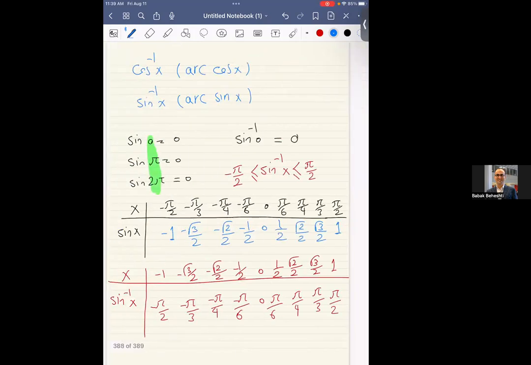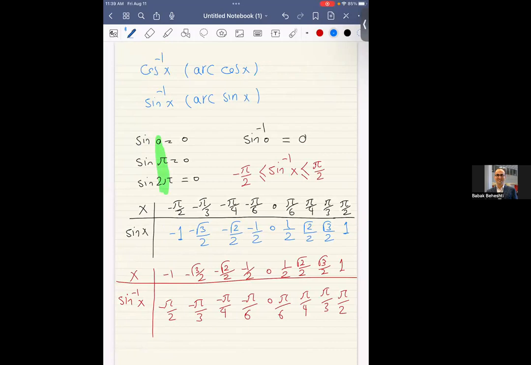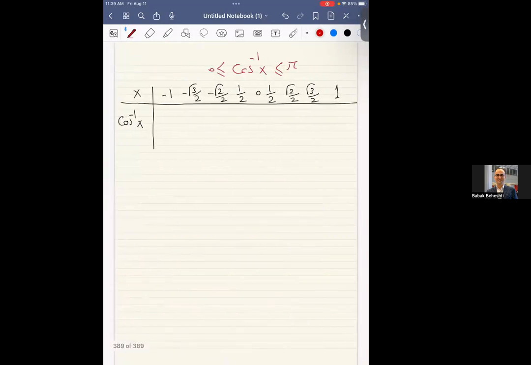Let me also write here: when I say y equals cosine inverse of x, that means x is cosine of y.